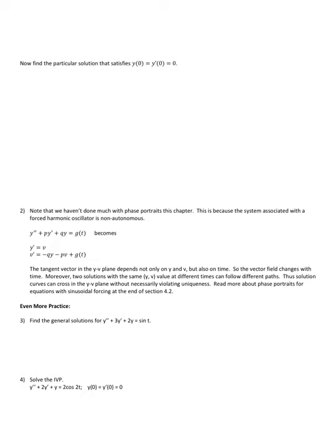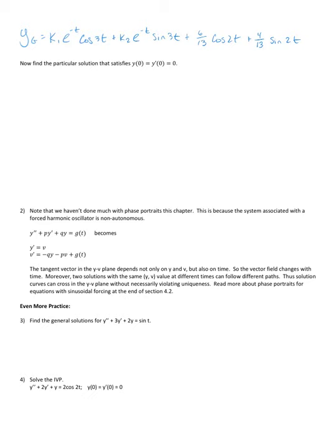Okay, so y general is k1 e to the negative t cosine 3t. This is y homogeneous that I found a couple slides ago, plus k2 e to the negative t sine 3t. It's y homogeneous, plus y particular, which we just found was 6/13 cosine 2t plus 4/13 sine 2t.